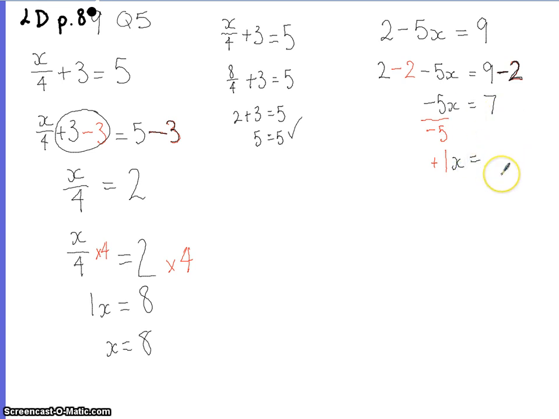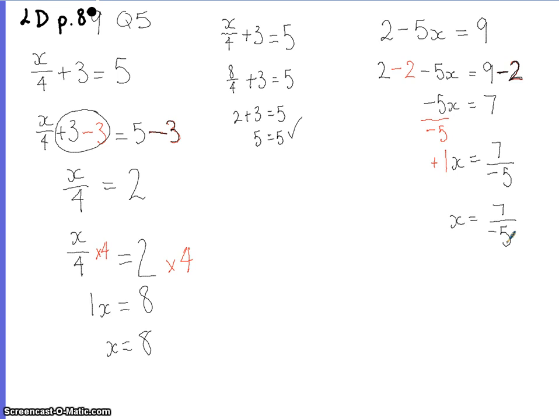Do we leave it as 7? What do I have to do, Jaden? Excellent. Really well said. Divide 7 because we did this side, so we must do it this side. Okay, so what you're left with is x equals 7 over -5, or -7/5.